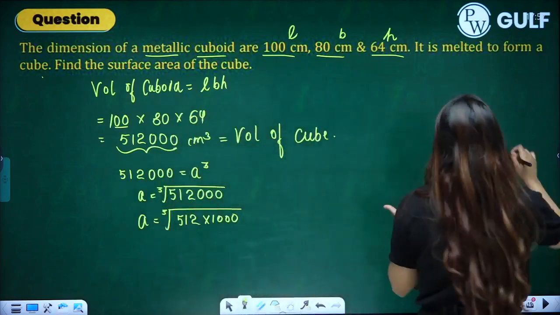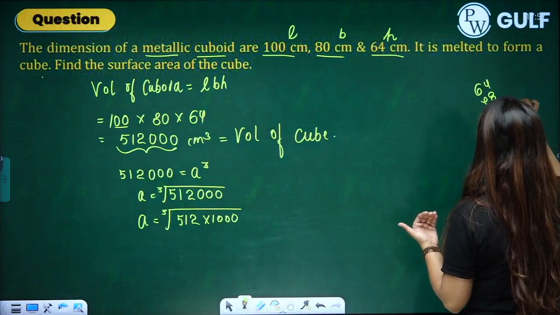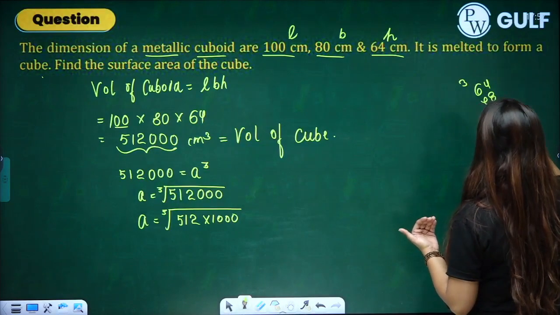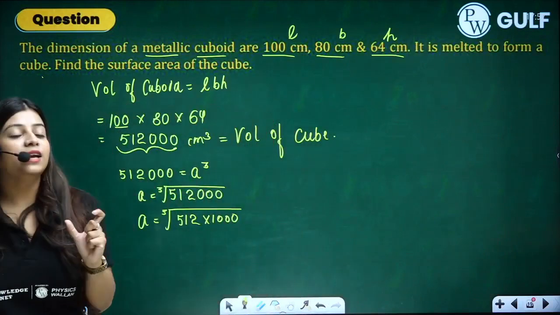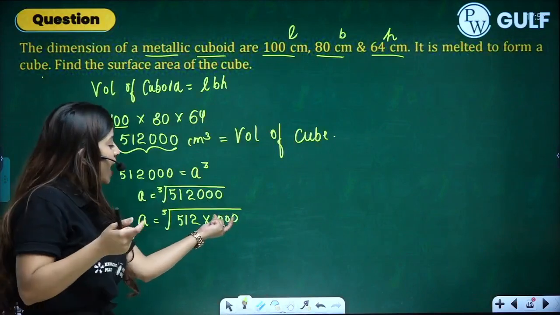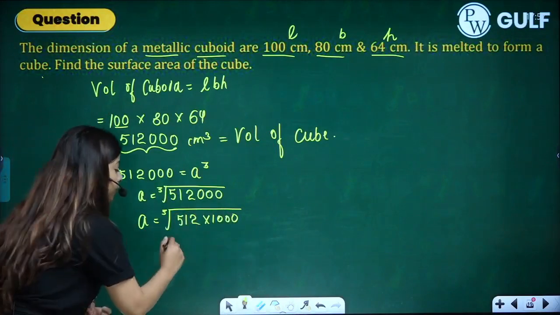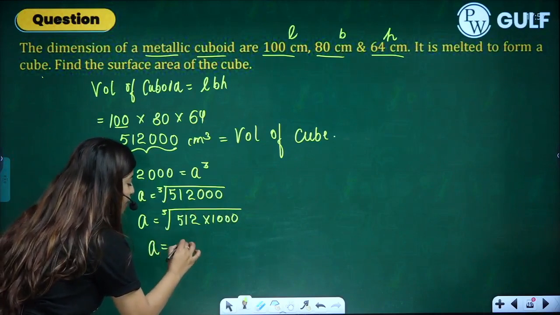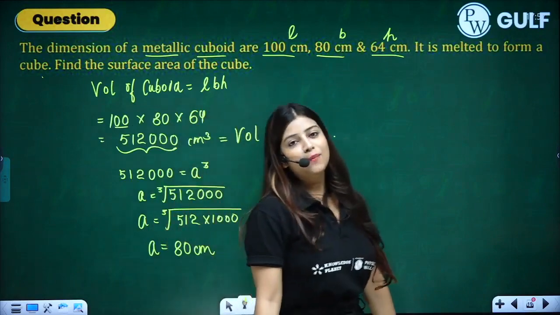After 7, see, 8 square is 64. 64 into 4, 8 fours are 32, 3, 48 and 51. So from here we can directly get that 512 is the cube of 8 and this is the cube of 10. So 8 and 10 both will come out and the side of the resulting cube will be equivalent to 80 centimeter.